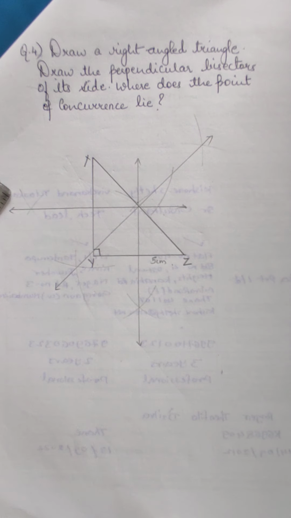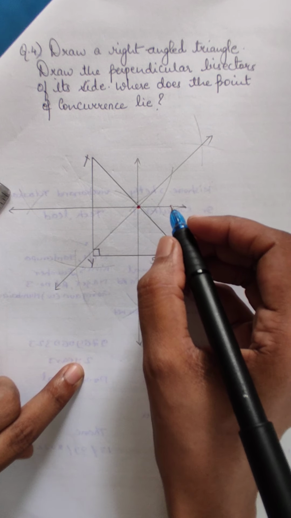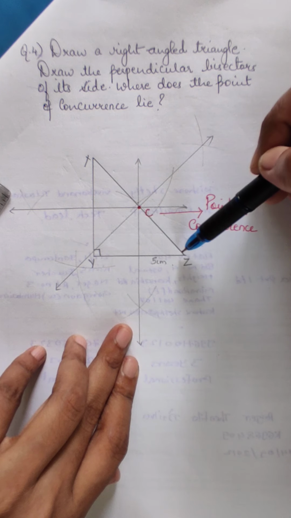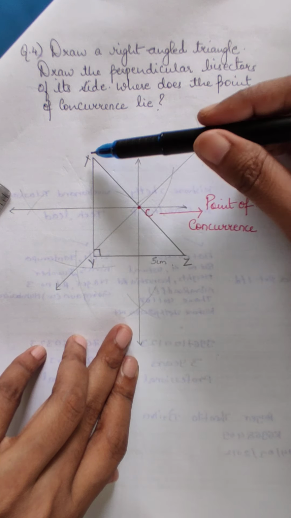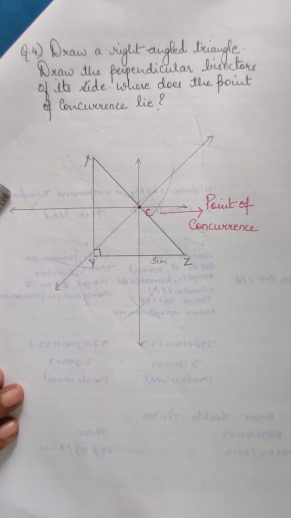So now if you see, all the lines meet at this particular point. So we can say this is your C, where C is your point of concurrence. And where is this point of concurrence lying? It is lying on the triangle. But we know that it is a right angle triangle, and for a right angle triangle, side XZ will be the hypotenuse. So we can say that the point of concurrence lies at the midpoint of the hypotenuse.